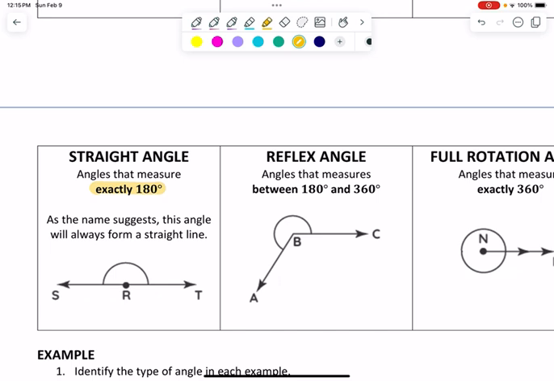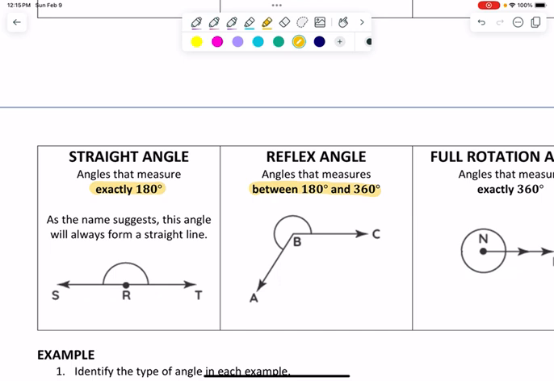The next one is a reflex angle. Now, a reflex angle measures anywhere between 180 and 360. So that means I'm going beyond the measure of a straight angle, but I haven't made a full circle yet. So I can be 180.1, I can be 276, I can be 212, I can be 358.